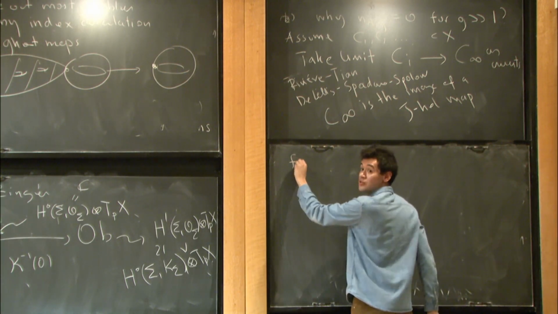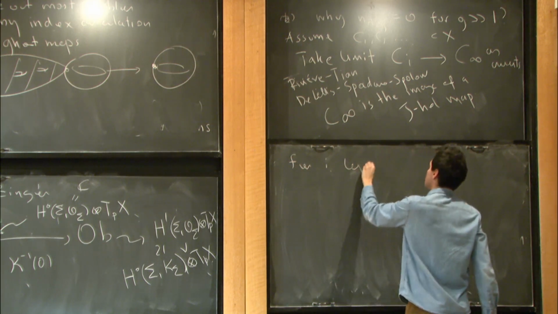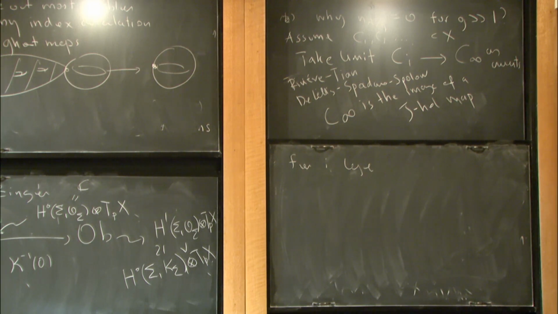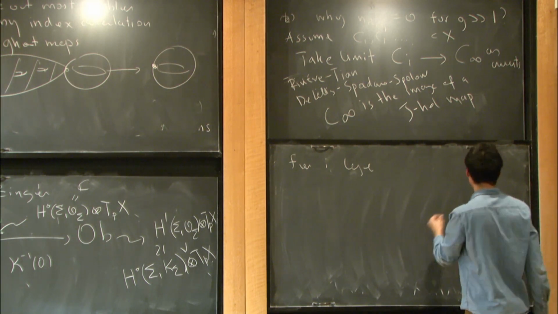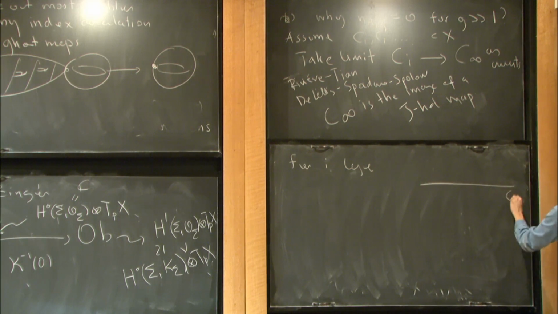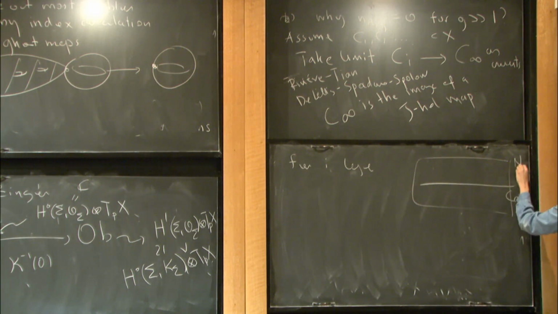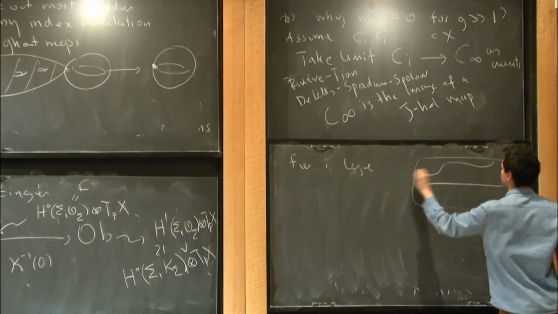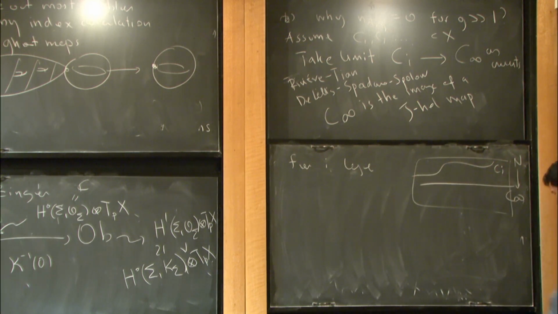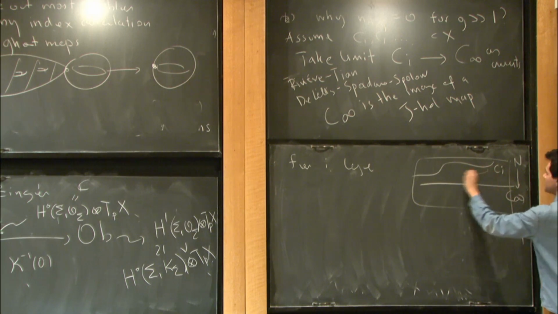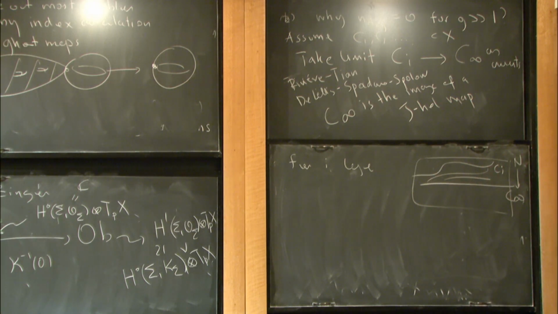So for i large, because the convergence of currents implies in particular convergence as sets in the Hausdorff distance, and this curve is embedded, it has some normal tubular neighborhood. Let's call it N. So this is a normal bundle. And for i large, all these other curves must lie in the tubular neighborhood of C infinity. And as i goes to infinity, they get closer and closer. That's what the convergence of currents implies.